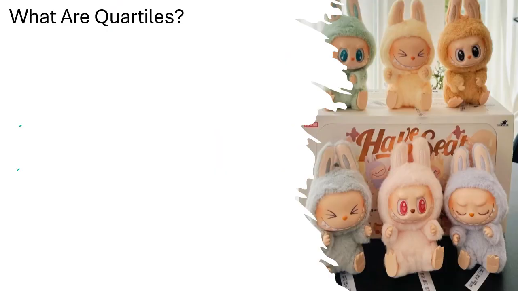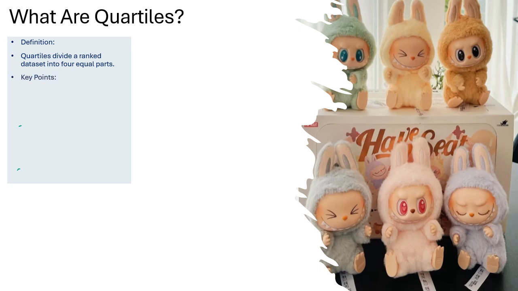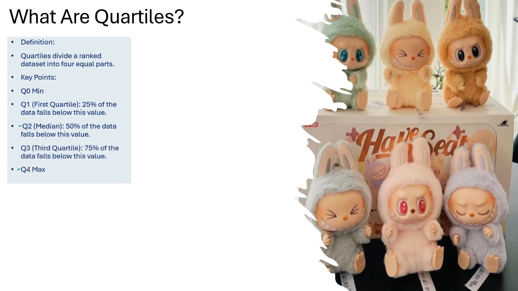So what are quartiles? Quartiles divide a sorted dataset or ranked dataset into four equal parts. Okay, so these are the equal parts. So for example, Q0, which is the smallest, indicates the minimum value of the data, Q2 is the median, and Q4 is the maximum.